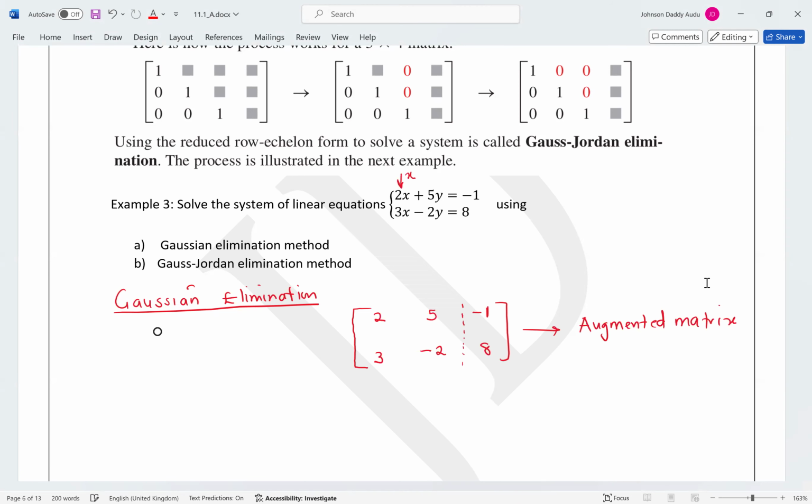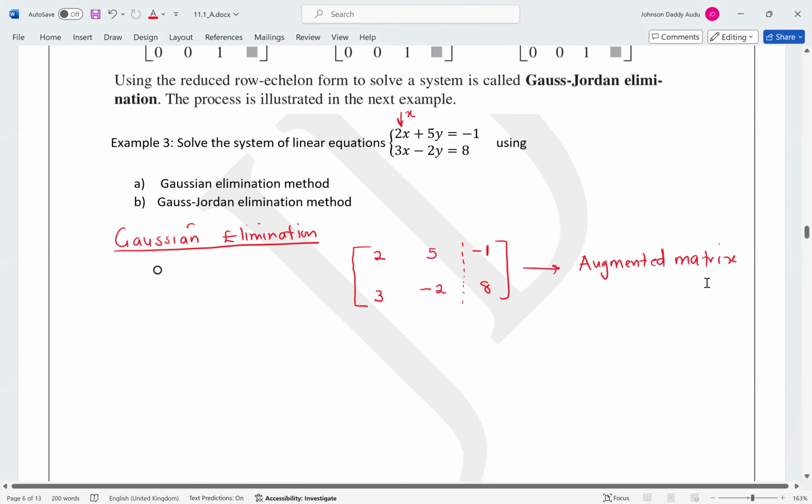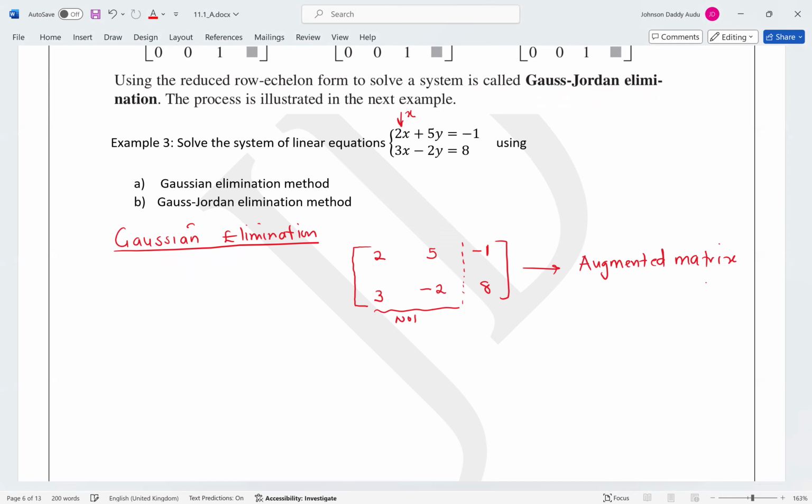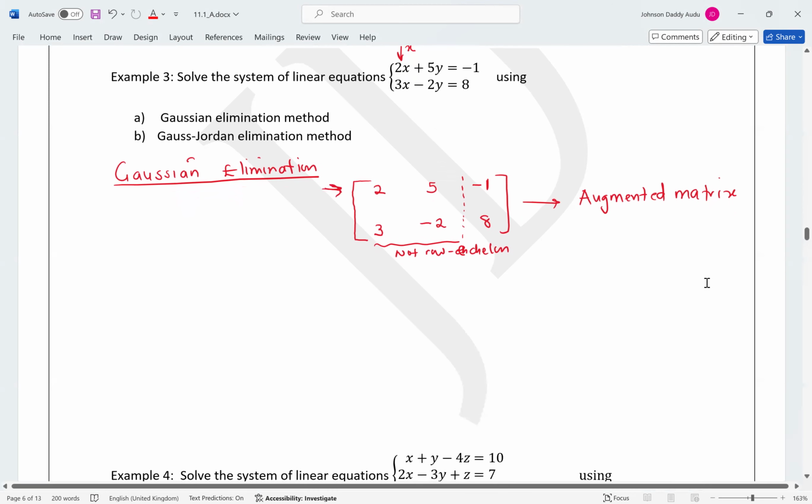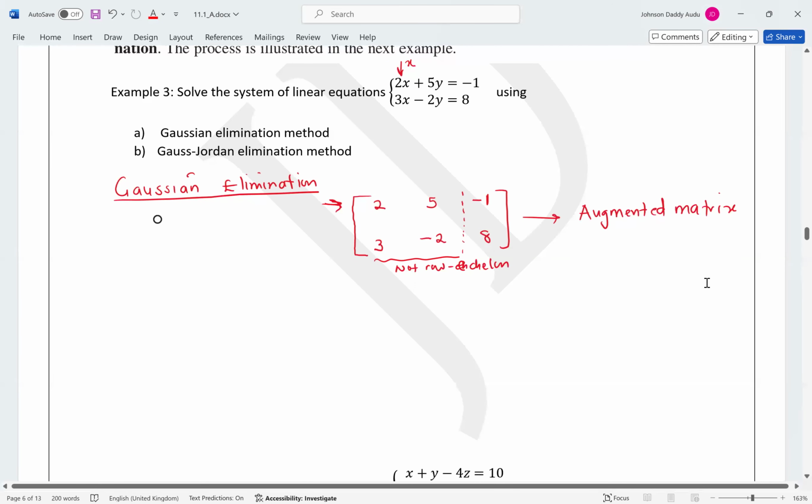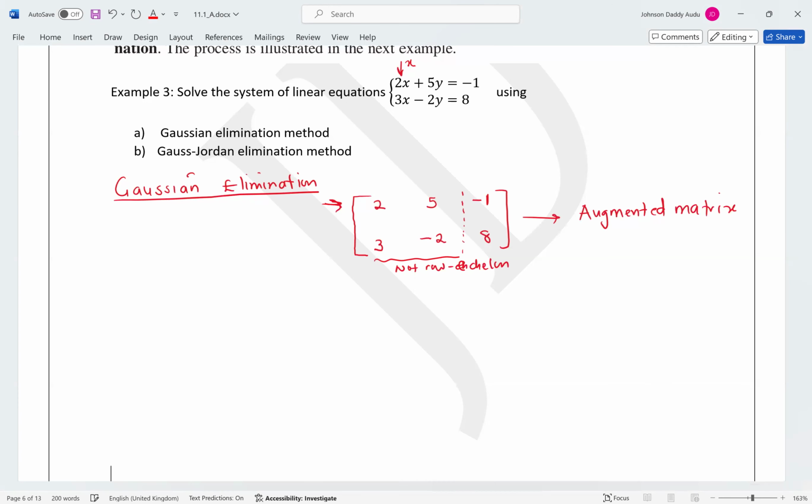Now, if you look at this matrix here, it is not in row echelon form. If you look at the first row, the first non-zero element you see is 2, so it already violates the conditions. Our target now will be to convert this to row echelon form. And how do you do that?